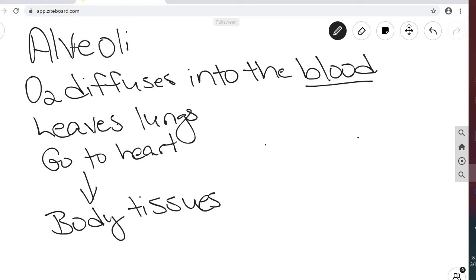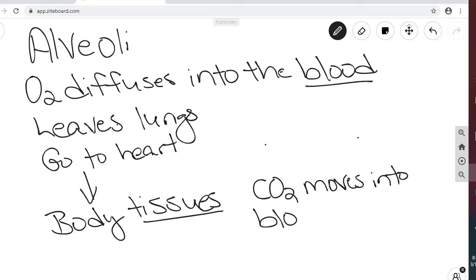And so then the oxygen gets delivered to the body tissues, and then at the body tissues, carbon dioxide moves into the blood, and it then gets transported back to the lungs.